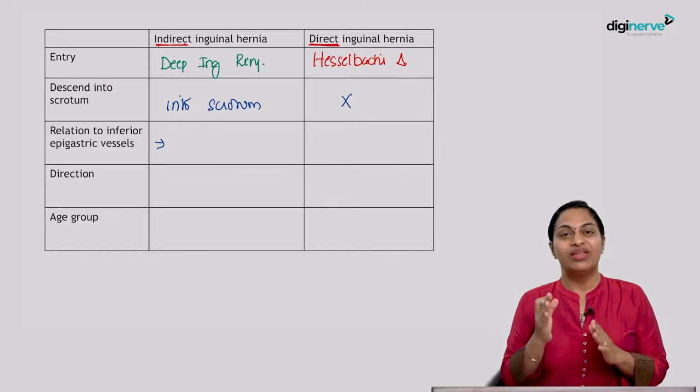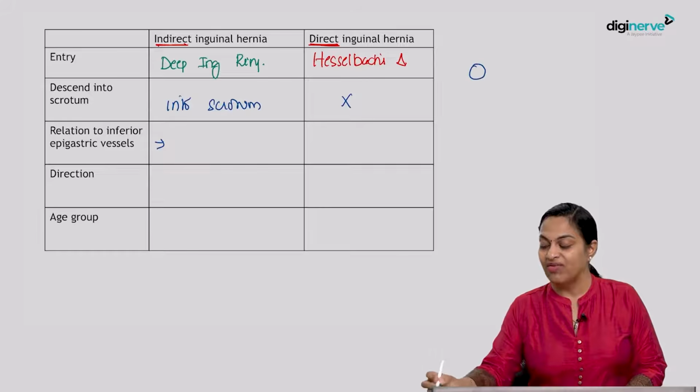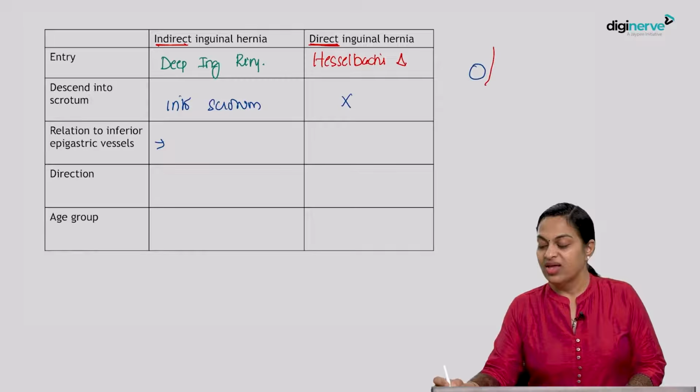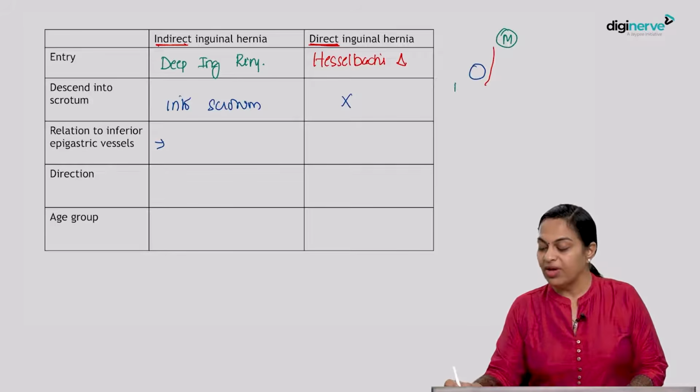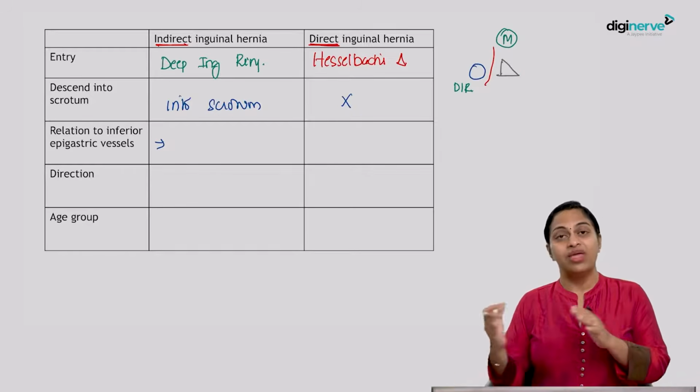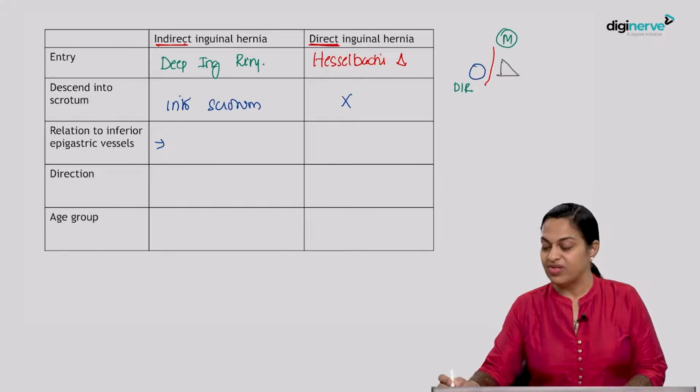What is the relation between the deep inguinal ring and the inferior epigastric vessels? The inferior epigastric vessels are medial; the deep inguinal ring is lateral to them. And Hesselbach's triangle lies medial to the inferior epigastric vessels.